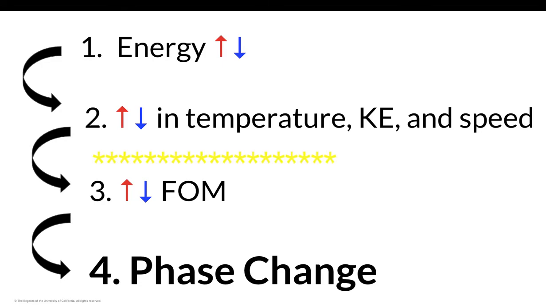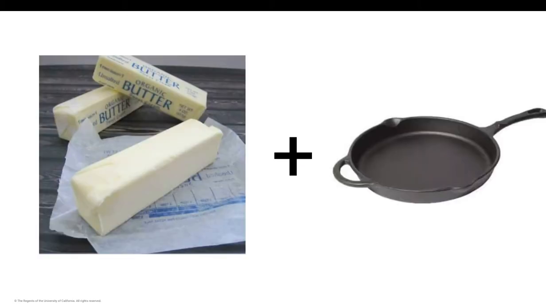So I want to suggest that there's actually one more step, and that happens right here in between step number 2 and number 3. It has to do with molecular attraction. Let's go ahead and come back to our analogy of the butter and the frying pan. Remember that when we were talking about that?